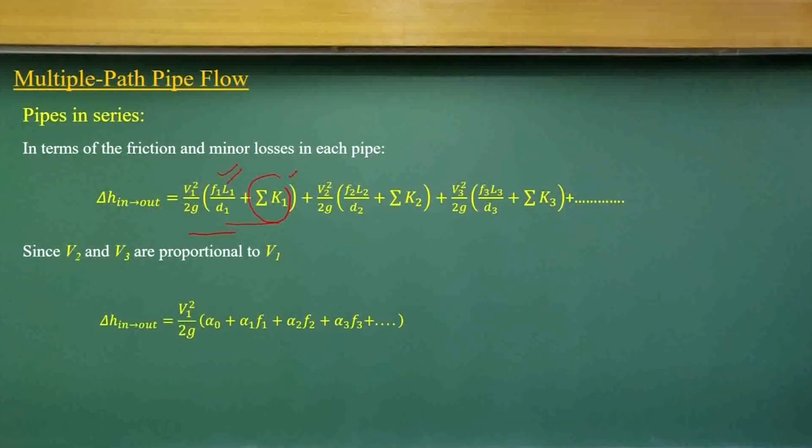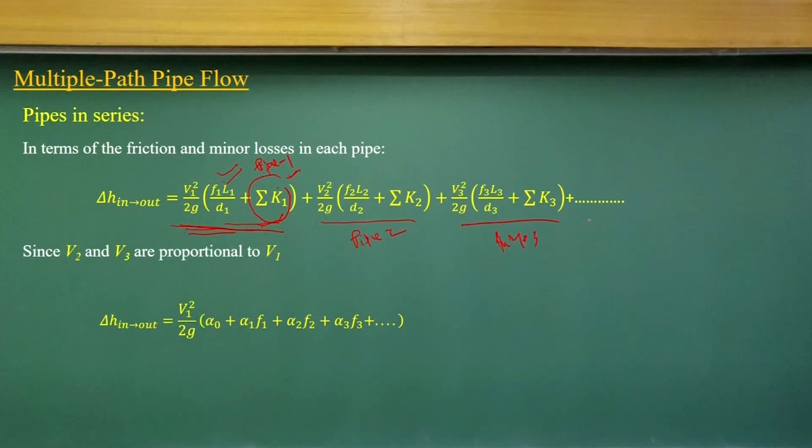All the loss components you have to look at, depending on which way the flow is happening, and you can quantify what the minor losses could be. So, this is the major loss plus minor loss that is represented here for pipe 1, this for pipe 2, and this for pipe 3.